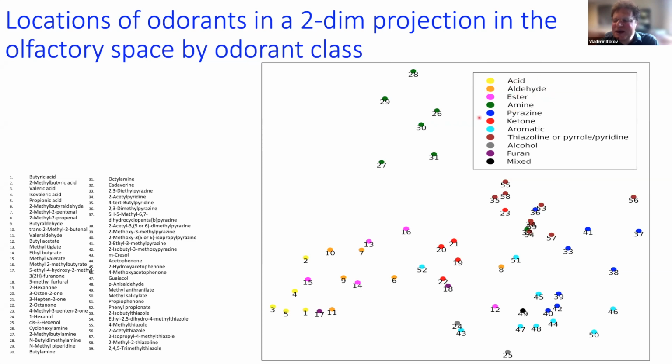Actually, I'm terrible at chemistry, but there are various chemical classes. And as you can see, these chemical classes nicely cluster in this very abstract olfactory space. Which means that this olfactory space has something to do with reality, because the original responses were also kind of clustered around the particular chemical classes. So this shouldn't be a surprise.